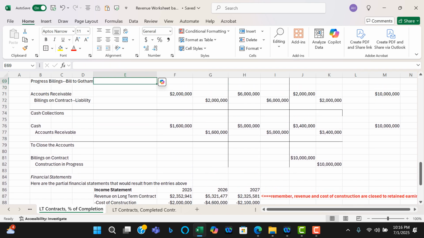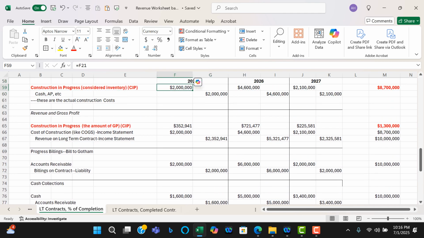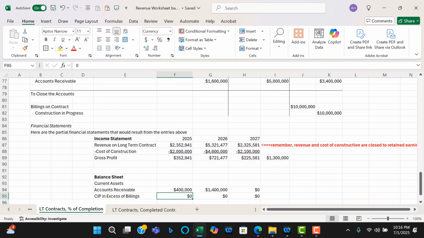So we're really comparing the balance in construction in progress, which is going to include for 2025 both the costs and the gross profit. If construction in progress exceeds billings, construction in progress is an asset. If that's greater than the liability in billings, you net the two and you call it a current asset.